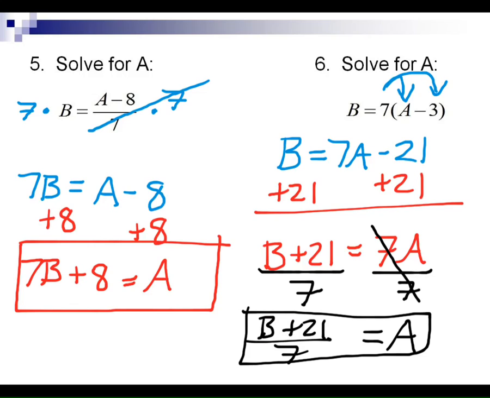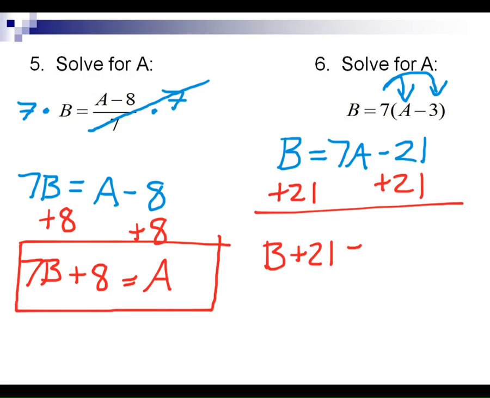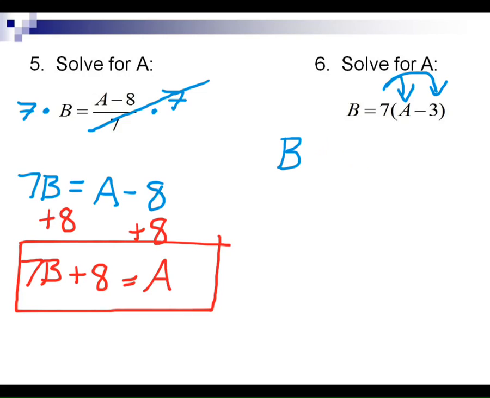Now, let's go back. I think that's the best way to solve this one. But let's say there's another way to solve it. You don't have to write this down, but let's look at this other way. Again, I want to get rid of these parentheses, so I need to simplify right here. This is 7 times all this, right? 7 times a minus 3.